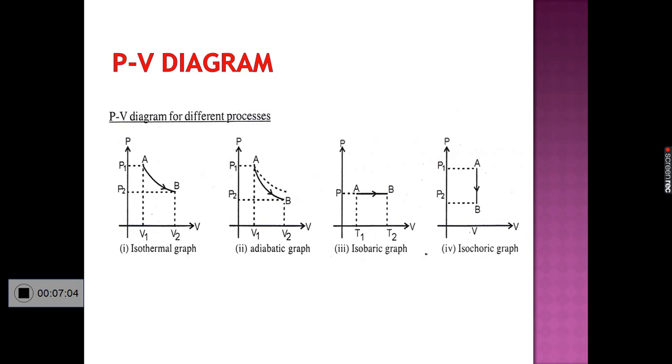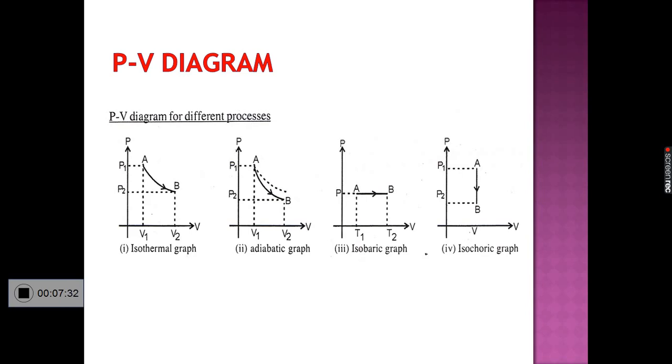The system changes from A to B, where the pressure is P and temperature T1 at A, and the pressure is P itself and temperature T2 at the point B. So this graph represents PV diagram for isobaric process.